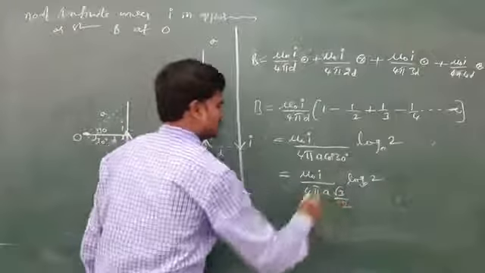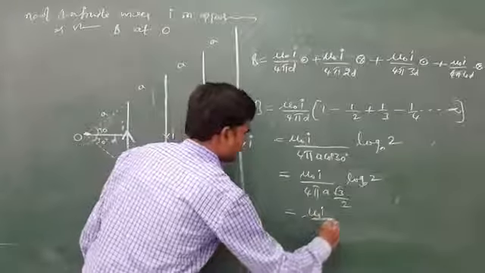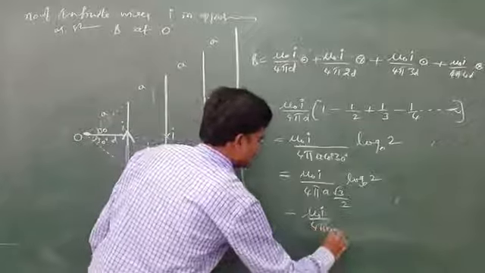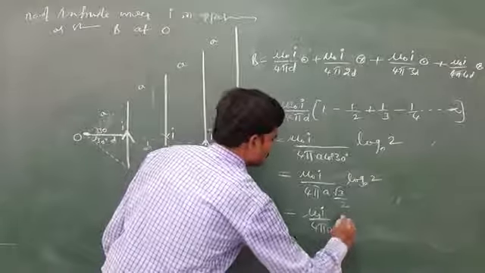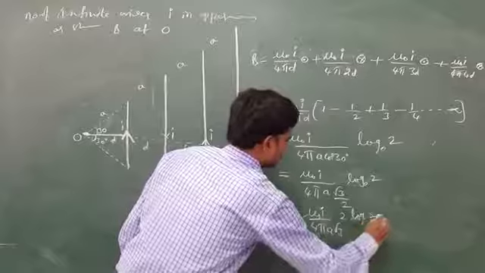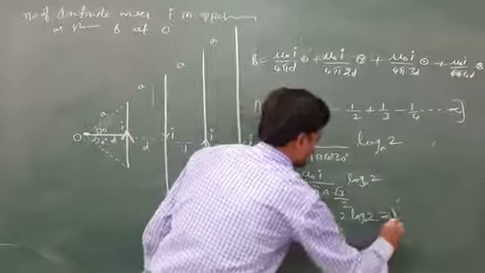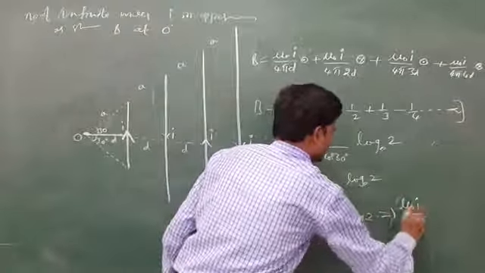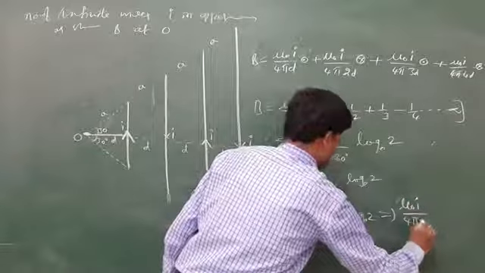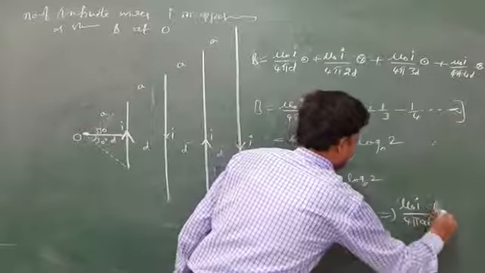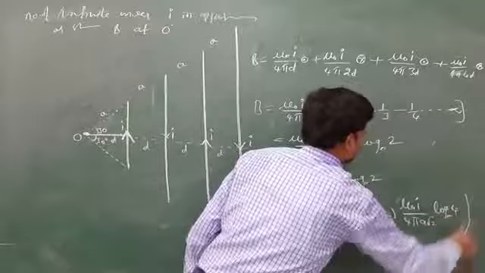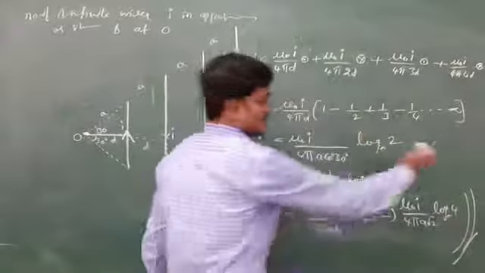If you take this 2 to the top, mu naught I by 4 pi a root 3 times 2 log 2. We can write mu naught I by 4 pi a root 3 log of 4.